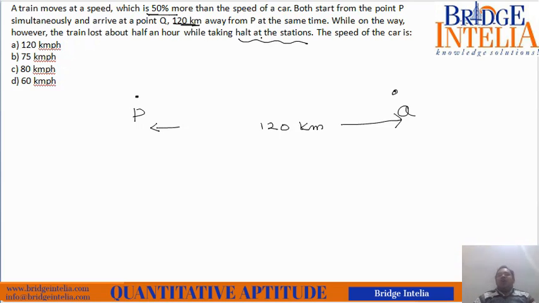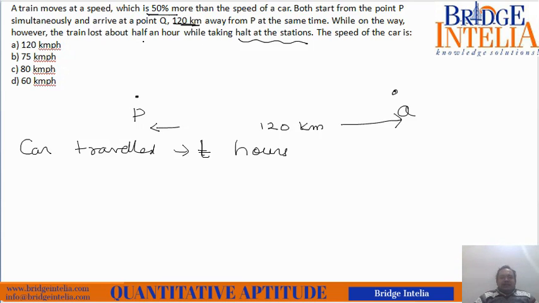The train is taking halt, whereas the car is traveling non-stop. So let's suppose car traveled for T hours.